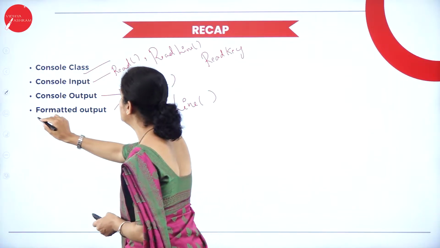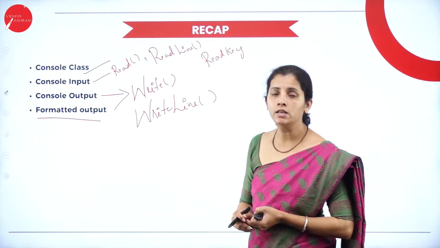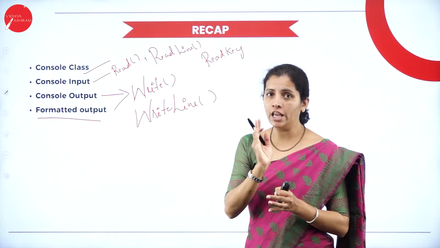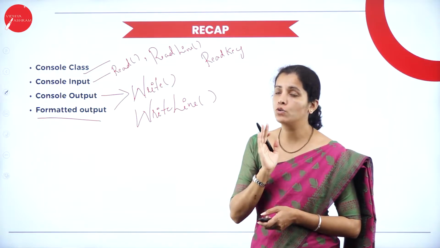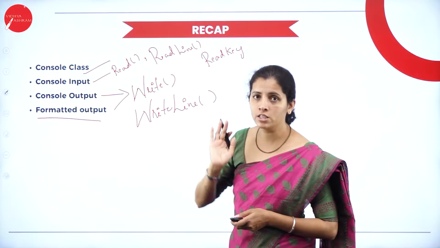And if I consider formatted output, then I have the placeholder. That means I am going to arrange and format my output. These are the topics I discussed in my previous session.